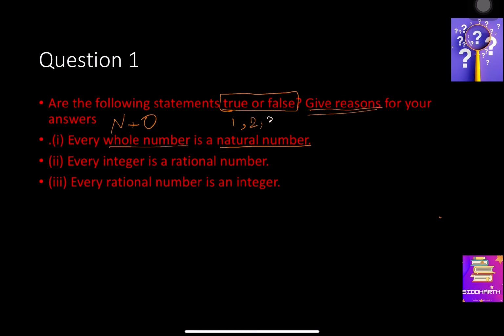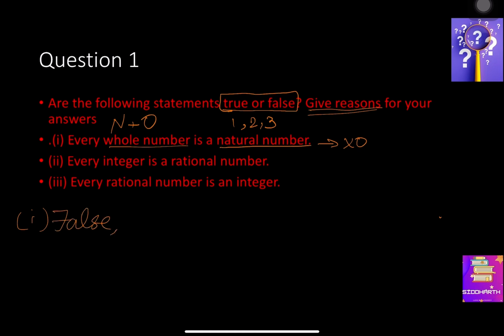What are natural numbers? 1, 2, 3, counting numbers, right? And they do not include 0. So they're telling every whole number is a natural number. It's obviously false, right?